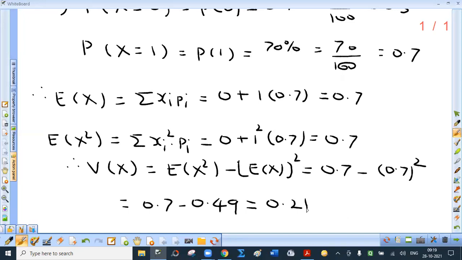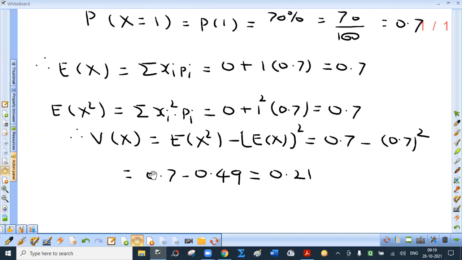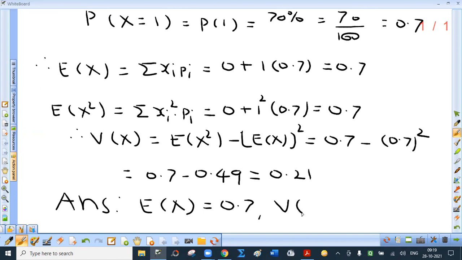What is asked? E of x and variance x. So it is better if you write this answer separately. What is expected value? It is 0.7. And what is variance? 0.21.